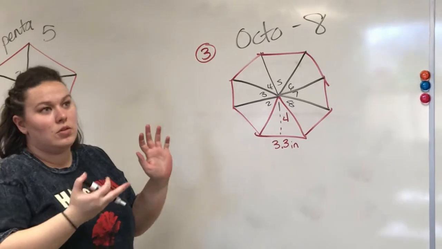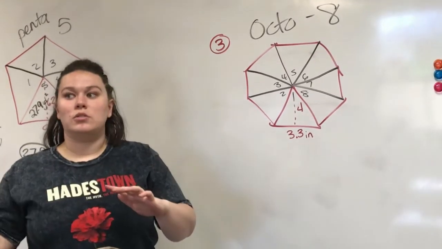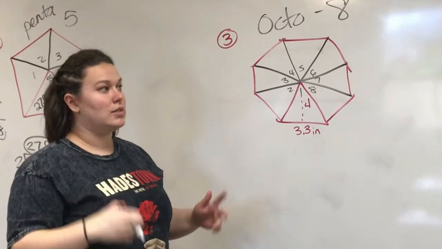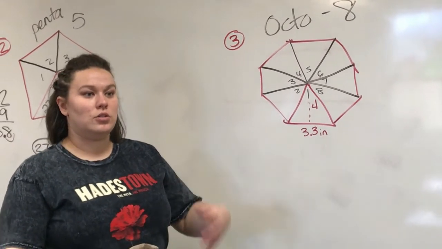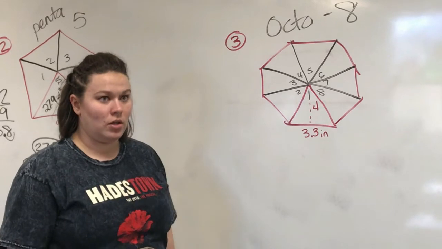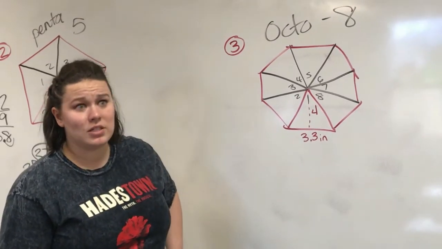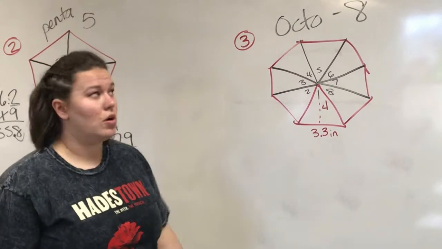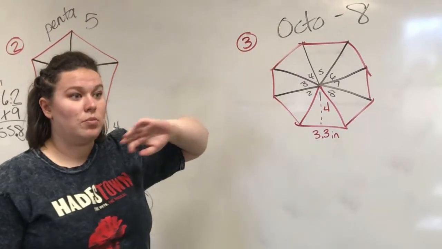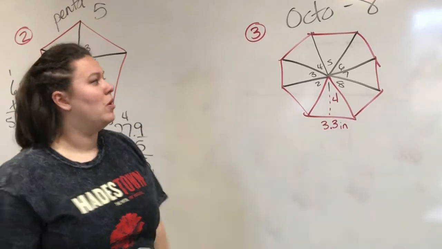Because I'm telling you this because your worksheets or your test is going to say, hey, there's a hexagon and here's the measurements of the triangle. But if you don't know how many sides a hexagon is, you won't know how to do this question. So get familiar with your shapes. If you don't know it, go Google it.